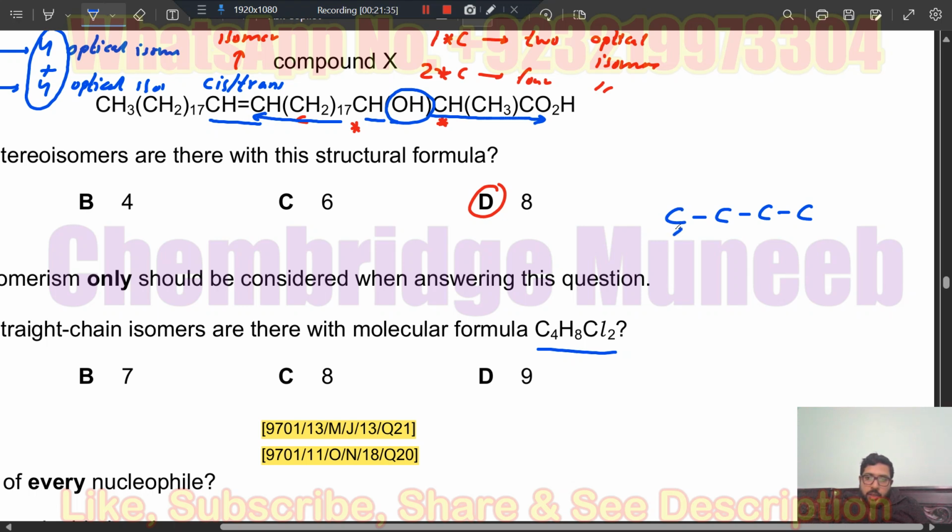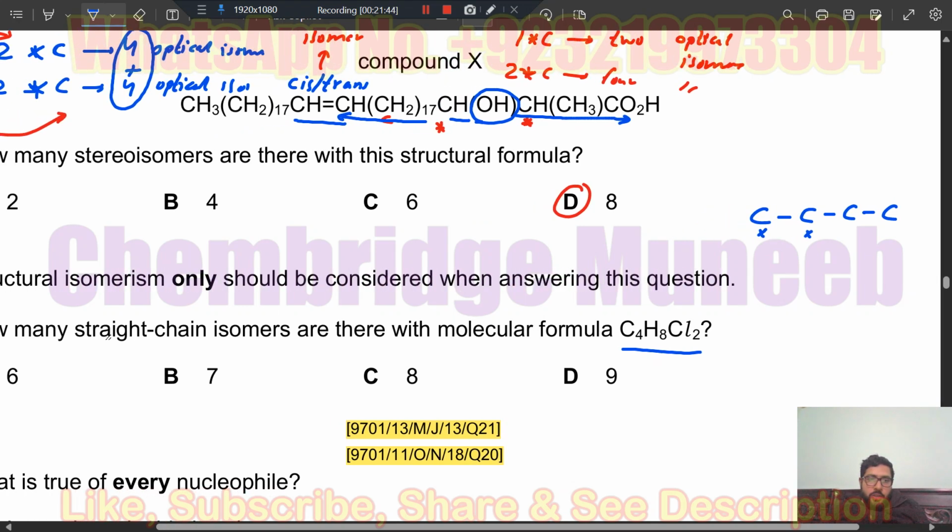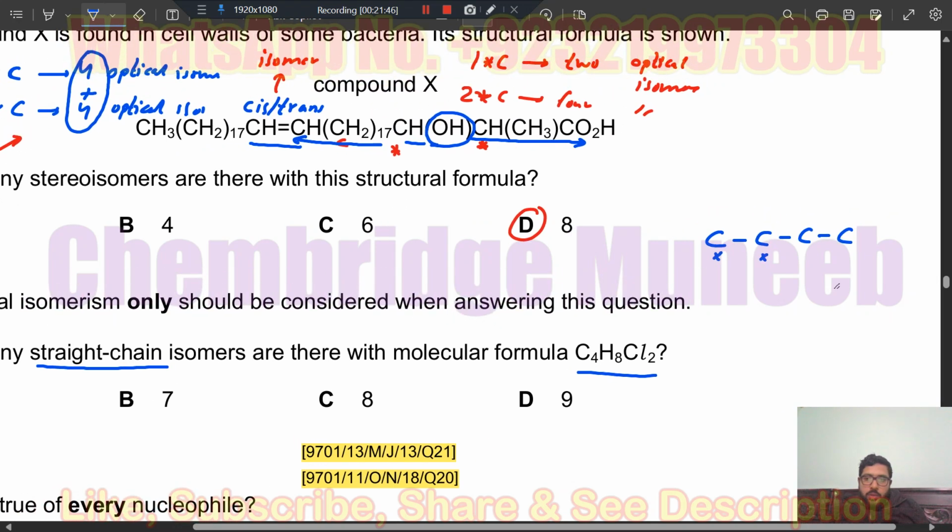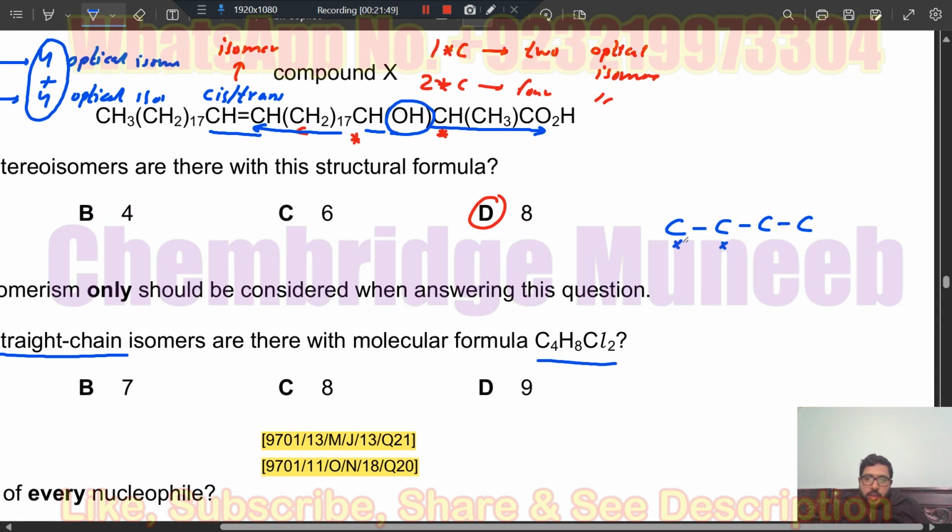Here an asterisk means a chlorine atom bonded on this carbon, and I'm not showing the hydrogen atoms to keep it simple. These asterisks don't mean asymmetric carbon, instead they mean the carbon is bonded with chlorine.